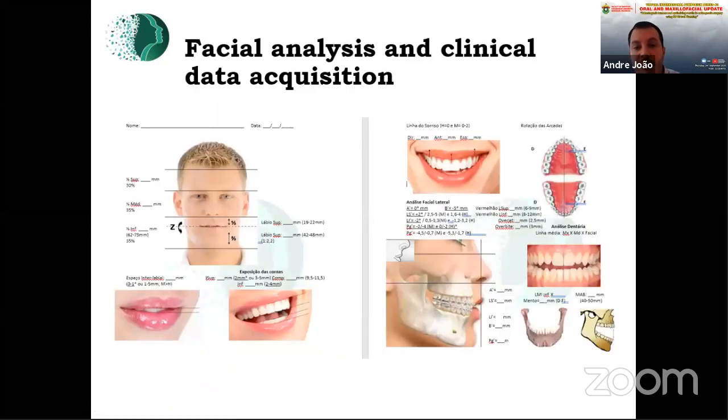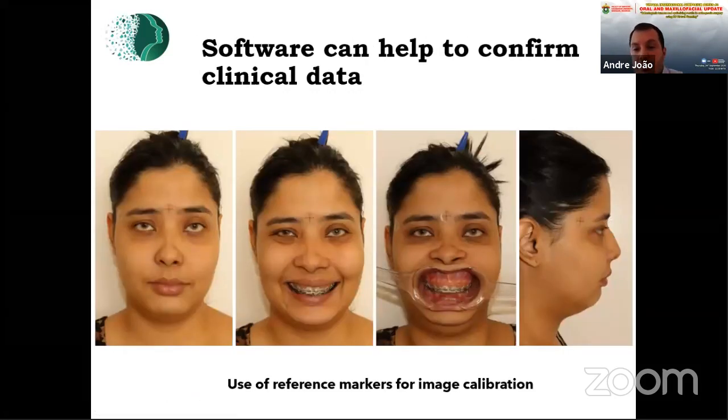Okay, so my facial analysis is still the same. I use this form where I collect all my clinical data, and then I take pictures. I really like the pictures because I can compare them with my clinical analysis.